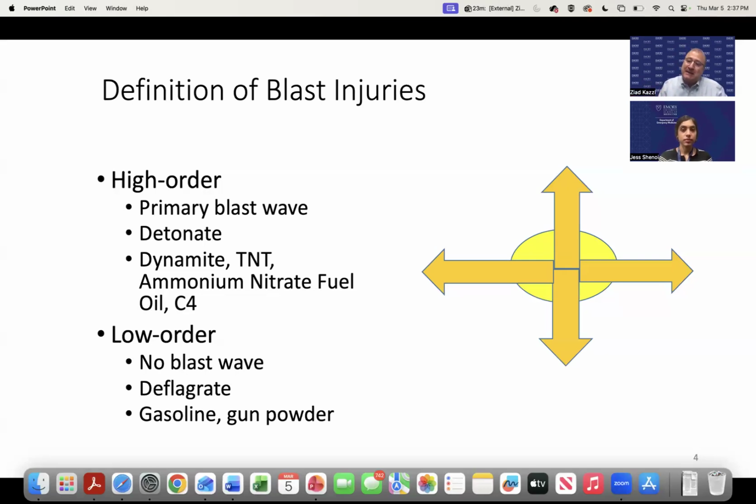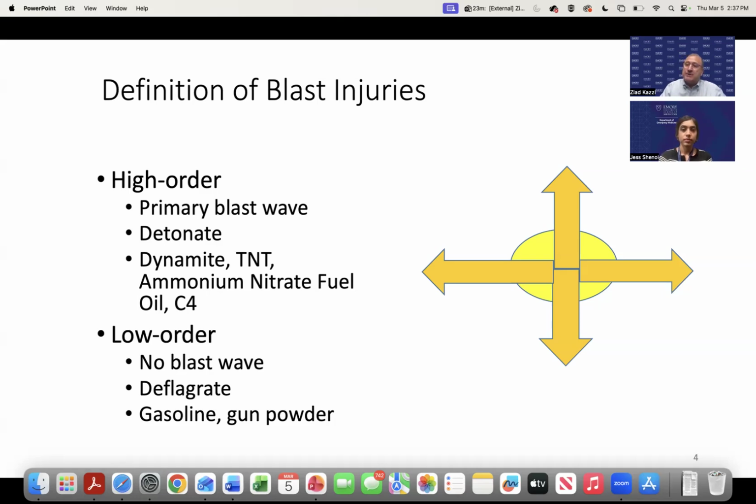This supersonic speed causes specific types of injuries that we call primary blast injuries. And that's unique to high order explosives. Examples of these high order explosives are C4, which is Royal Demolition Explosive, or TNT, trinitrotoluene, dynamite, which is made essentially of nitroglycerin, and even chemicals that can be used for industry or agriculture, like ammonium nitrate.